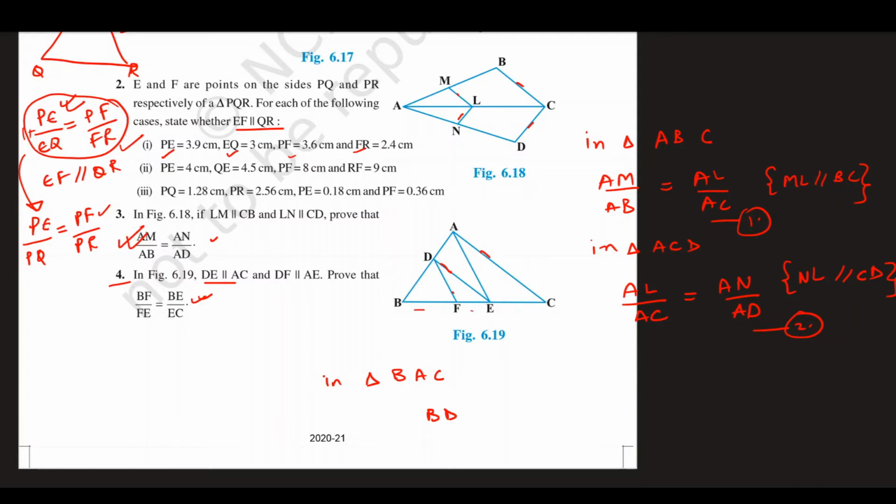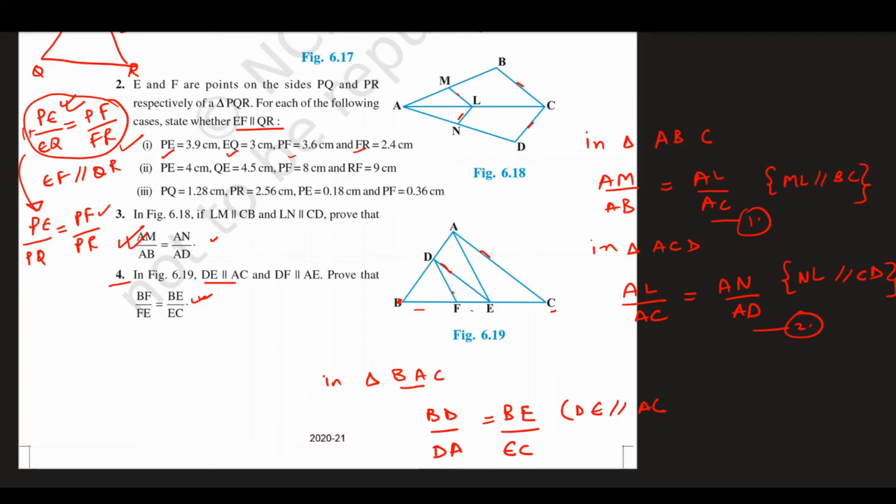BF upon FE. So in triangle BAC we have BD upon DA is equal to BE upon EC, because DE is parallel to AC.